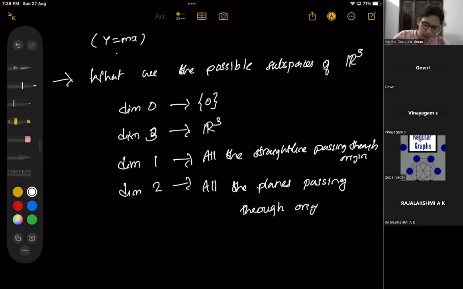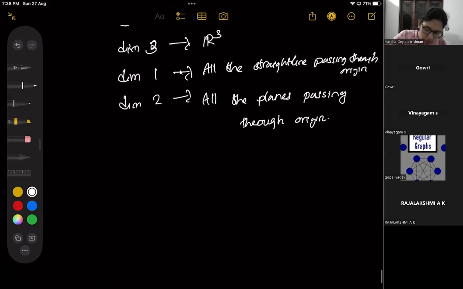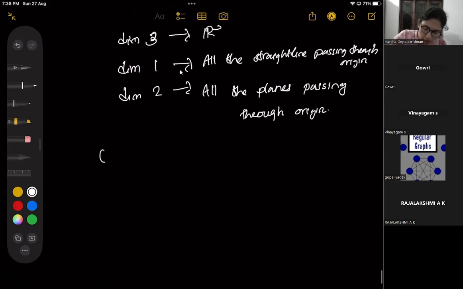For example, if I take the elements (1,0,0) and (0,1,0), these two are elements of R3 and they are linearly independent.